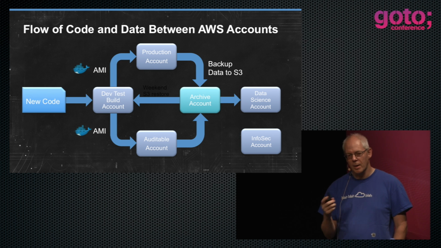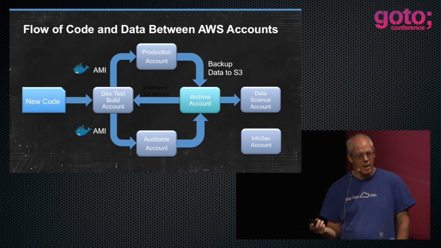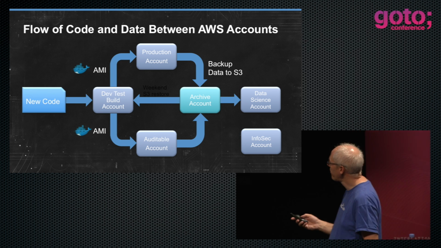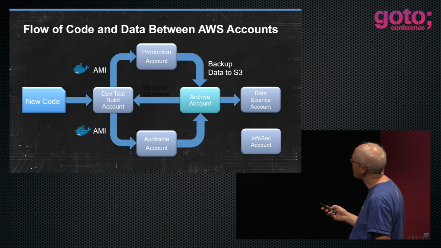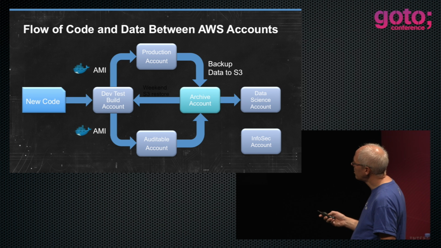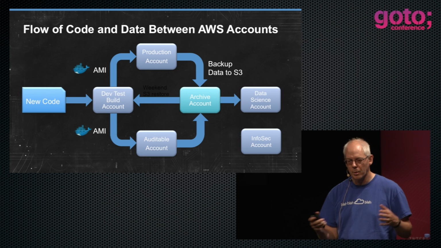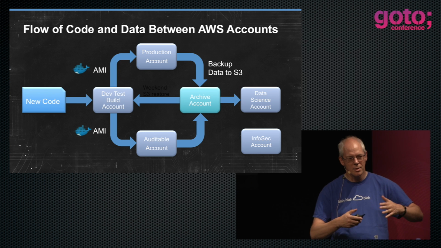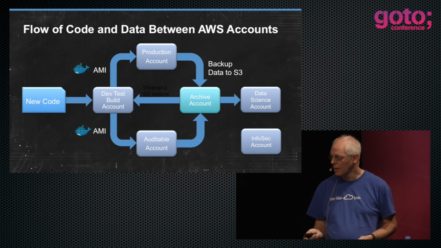And you can put timeouts on S3, so it gets deleted automatically after 30 days or something like that. Right? Every weekend, you copy from the archive to the test account, which proves that you have backups, and it refreshes the test account with a full copy of all the data that was in production as of last week. So the test account has real data in it.